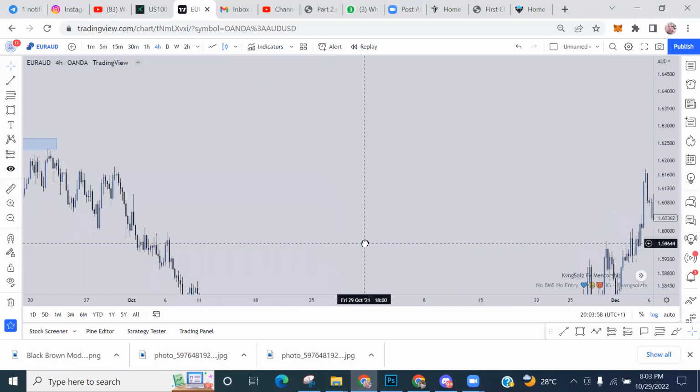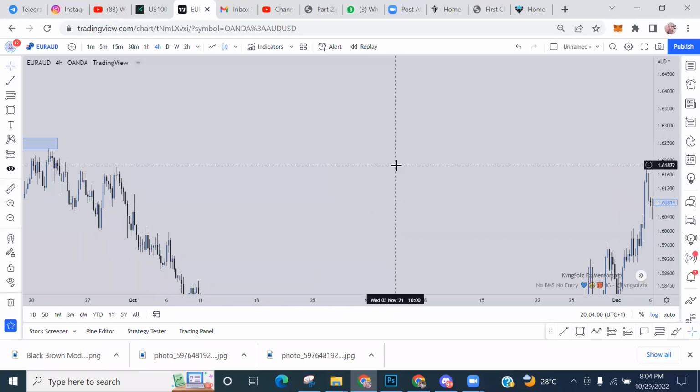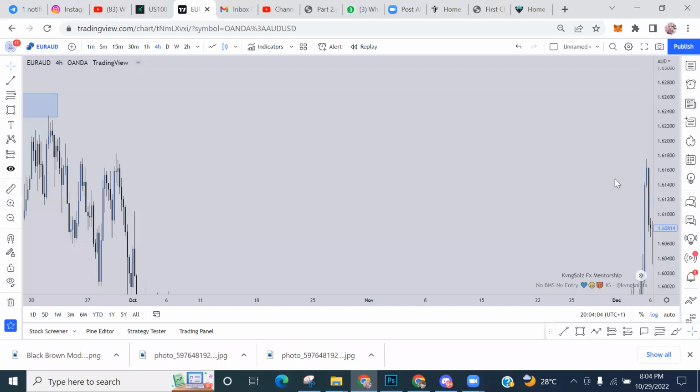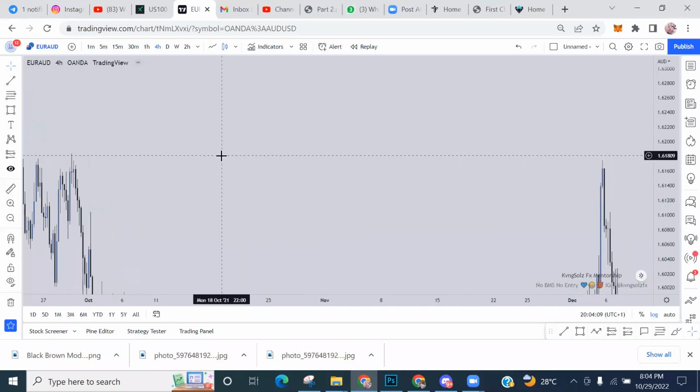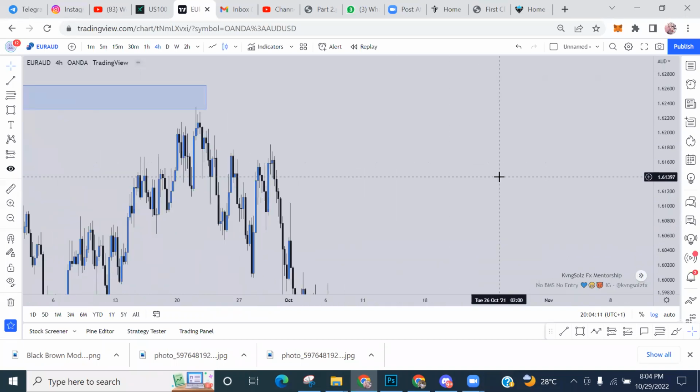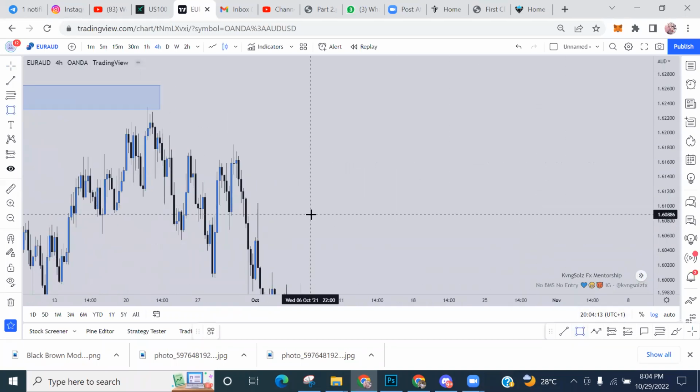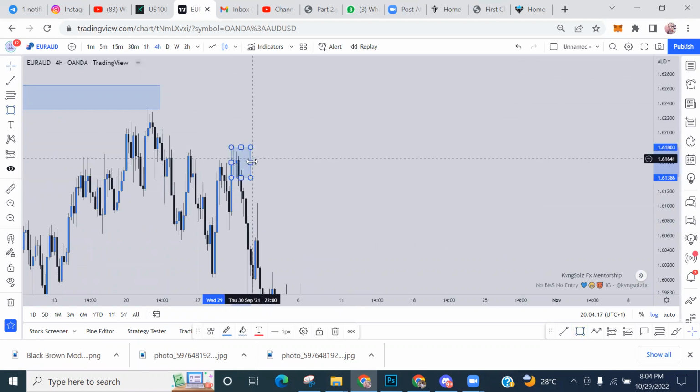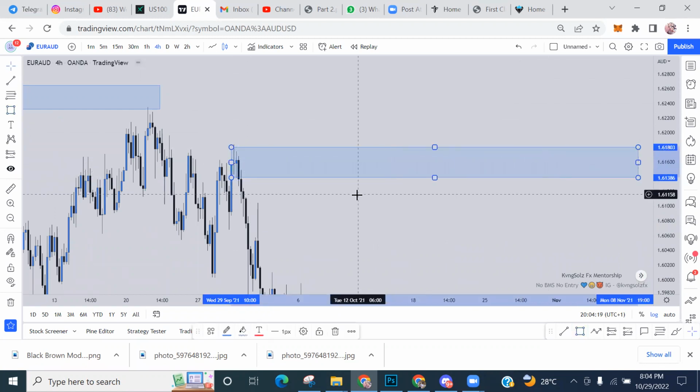Well, I want to know where this market tapped in before falling. That's here. Let me see. All right, I've seen something. The market tapped into this, the last unmitigated candle before them.